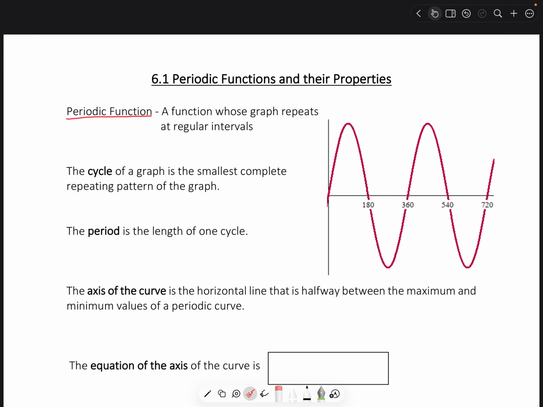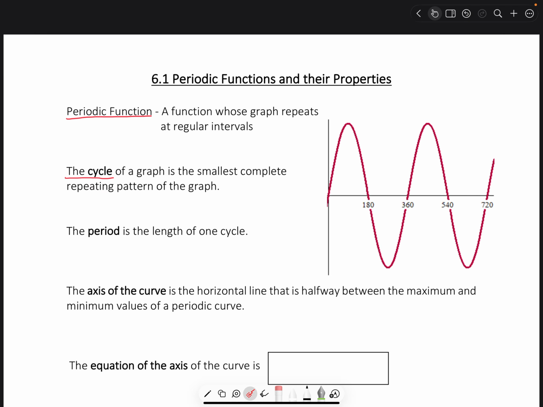Next, we'll get into a cycle. A cycle is the smallest complete repeating pattern of the graph. You can see how we were talking about intervals just now, how the y values keep repeating at the same regular interval.